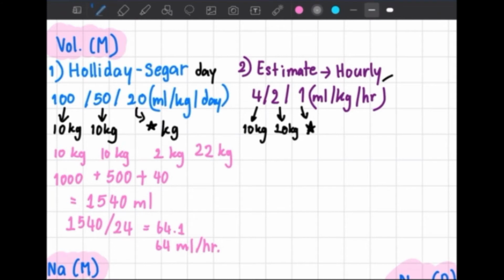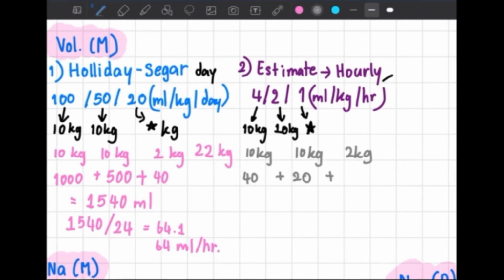All right, so the estimate is totally the exact same thing, but now we're just going to have the hourly rate. 22 kilograms, break it down, you get 10 kgs, 10 kgs, and 2 kgs. 10 kgs multiplied by 4 mL gives you 40. 10 kgs multiplied by 2 gives you 20.